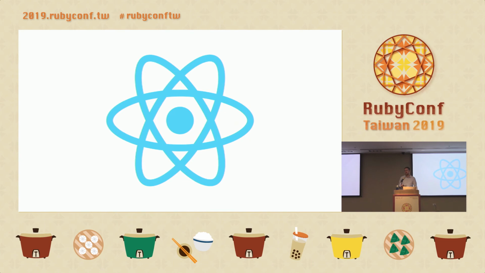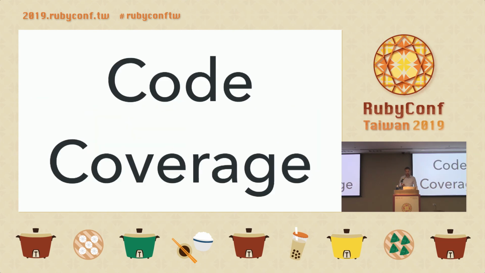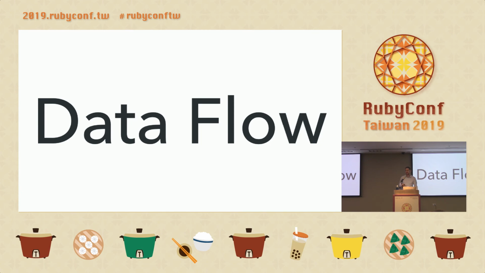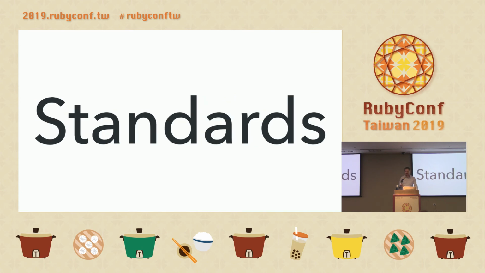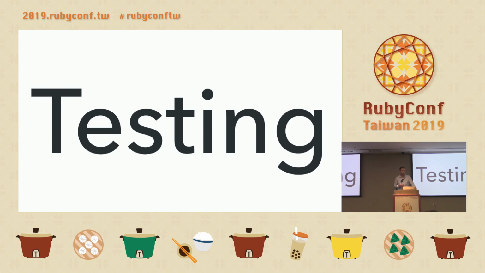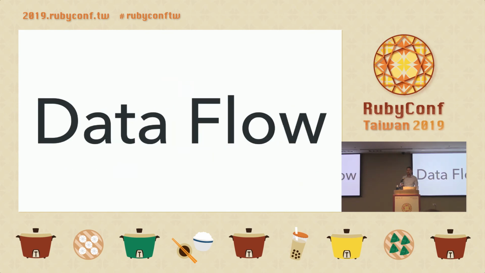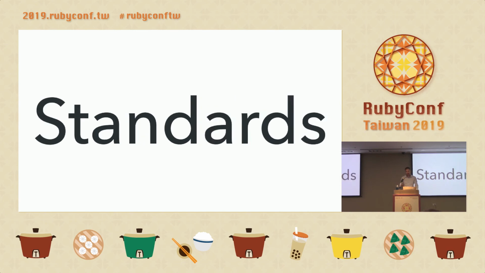By taking ideas from React and incorporating them into Rails, we've taken a view layer that is hard to test efficiently, is impossible to audit with code coverage tools, is difficult to reason about data flow, and fails basic Ruby code standards, and created a new way of thinking about the view layer in Rails that enables us to write efficient, isolated tests that are audited with code coverage tools, only work with the values we need, and follow the code standards of the Ruby language.